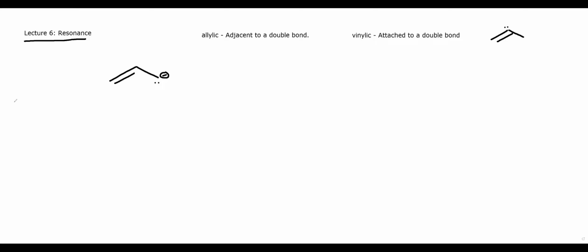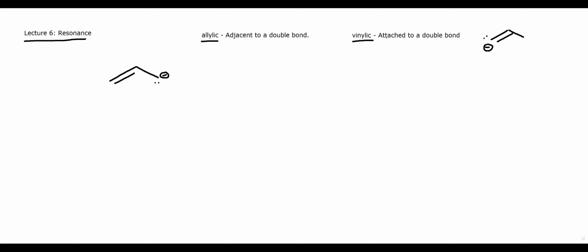If we had a negative charge, I'll actually draw it on this carbon here. If we had a negative charge right on the double bond, that would be considered vinylic. If the negative charge is adjacent to it, it's on the next atom down, that would be allylic.